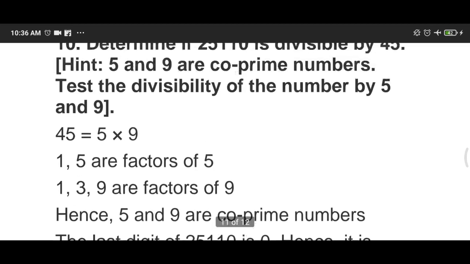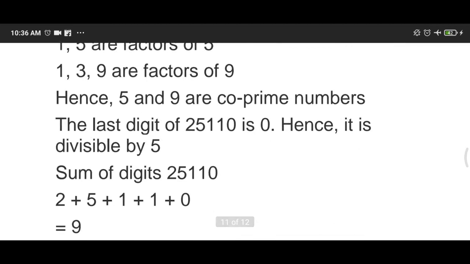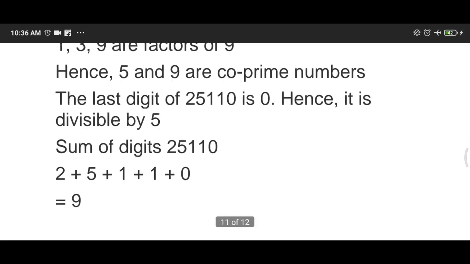Then the number is 25110. The divisibility of 5 is, if the last digit is 0 or 5, then the number is divisible by 5. Now here you can see the last digit of 25,110 is 0, hence it is divisible by 5.